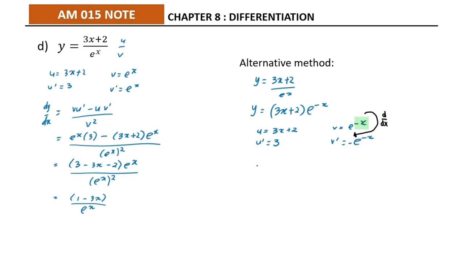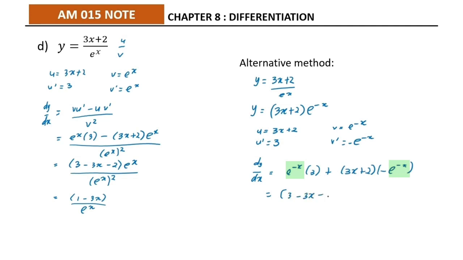Then differentiate the function, differentiate y, we have dy/dx. Using the product rule, v u prime plus u, 3x plus 2, v prime is negative e power of negative x. Simplify, factorize e power of negative x, we have 3 minus 3x minus 2.